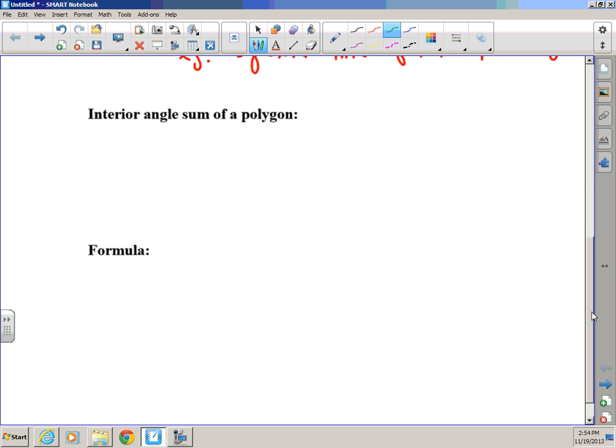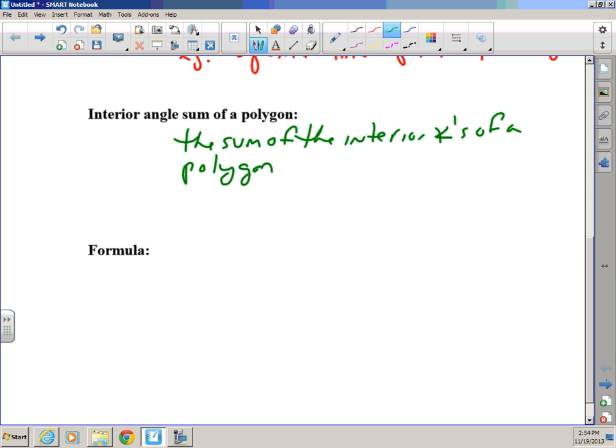The rule is that the sum of the interior angles of a polygon is 180 degrees times 2 less than the number of sides.